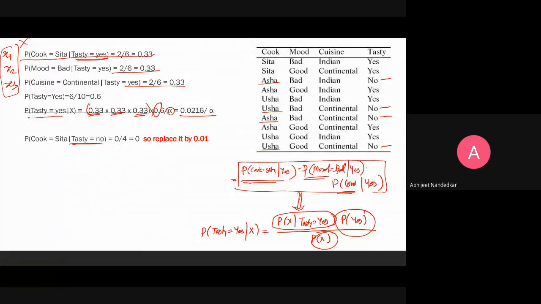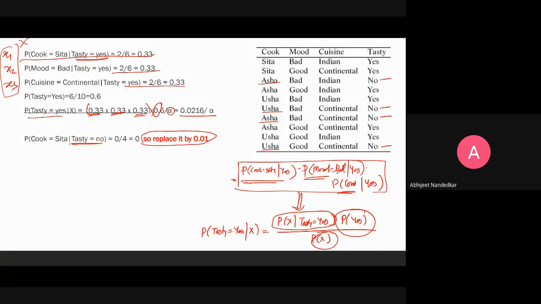But if I do like this, then the whole calculation will be 0, and there is no fun in doing this thing. So be careful in such problems. We replace such 0 probabilities by a small number. Now here suppose I am replacing it by 0.01. So this is a crucial thing in this problem.